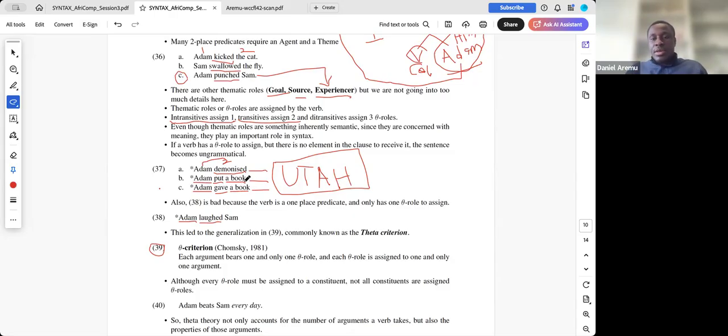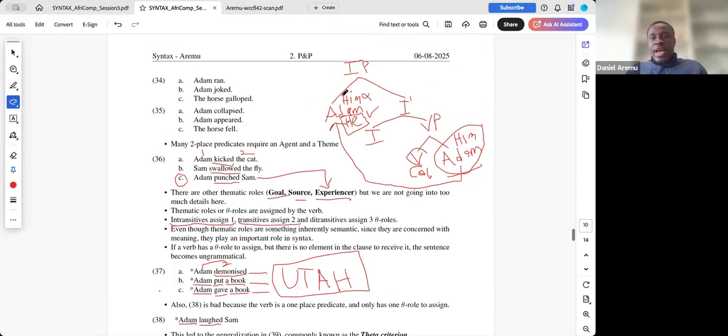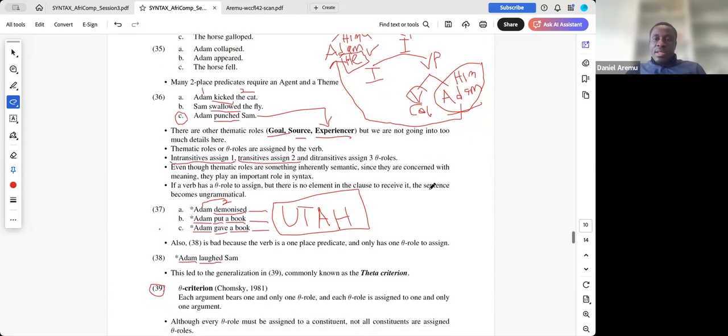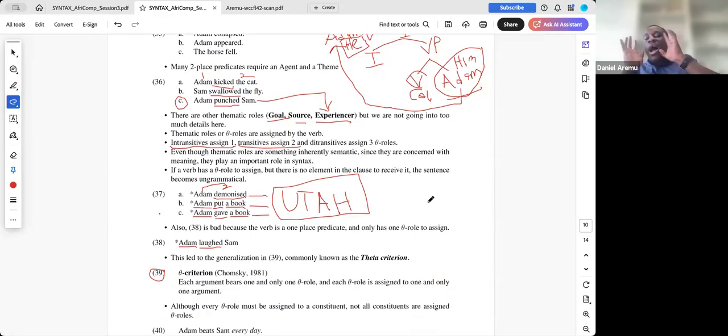So whatever agent we see in this position, like the spec IP, with the VP internal hypothesis, it says that the agent starts within the VP itself, which means the little VP is already a proposition. And that is one of the things that semantics deals with, which is very interesting, right? Before you even have the TP, IP, whatever, the little VP already is, and Chomsky says that the little VP is like the minimal unit of a proposition, which means the agent, the theme, everything have already been merged within the little VP.